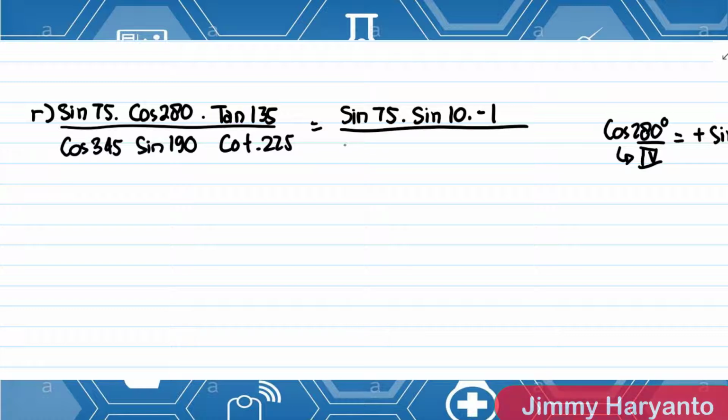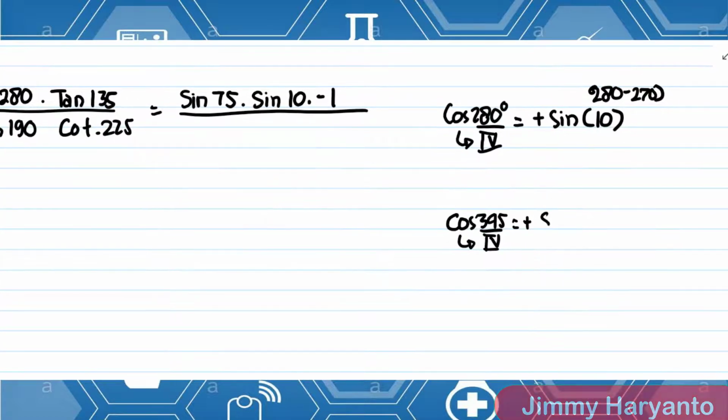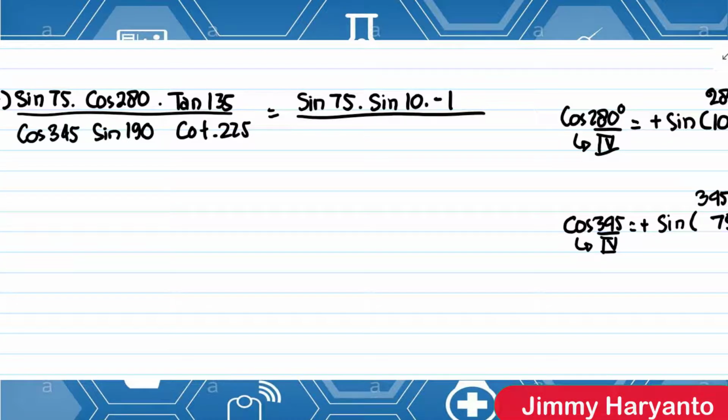cos, I will make it smaller using 270. Cos 345 is in quadrant 4, cos in quadrant 4 will be positive, and then the cos will be changed into sine. I will use 270 minus 270 equals to 75, so this one will become sine 75.